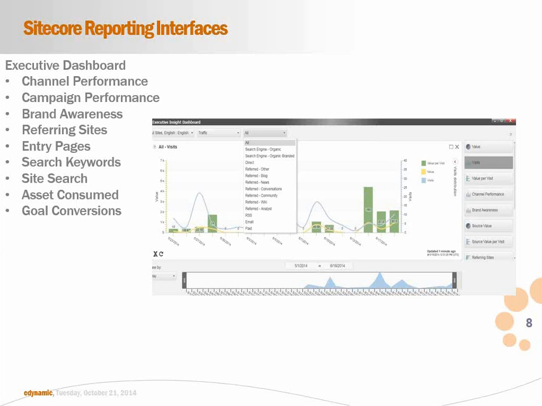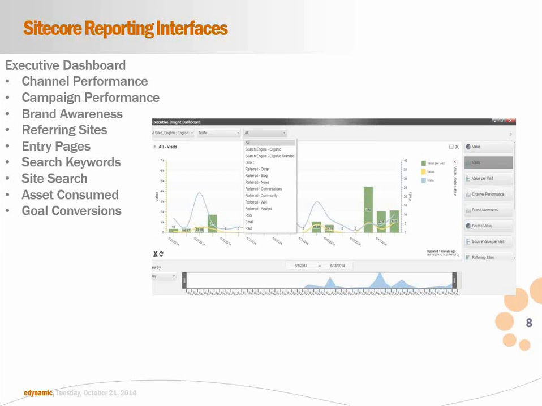These reports are also available in Google Analytics, but they are also available in Sitecore, and within Sitecore you can integrate the data from other channel sources as well. And you have internal site search here as well.